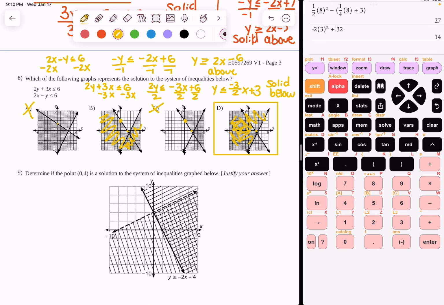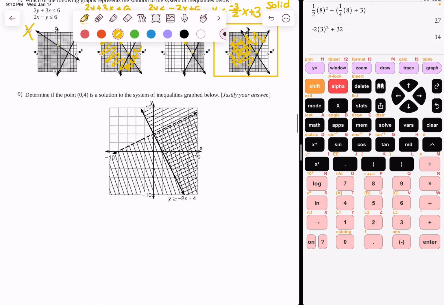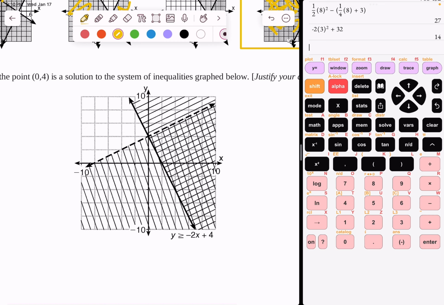All right, let's look at number 9. Determine if the point 0, 4 is a solution to the system of inequalities shown below. 0, 4 means don't go left or right, just go up 4. 1, 2, 3, 4. Well, I see that point is in the one shaded section, but it's not in the double shaded section where we would have our solution set.